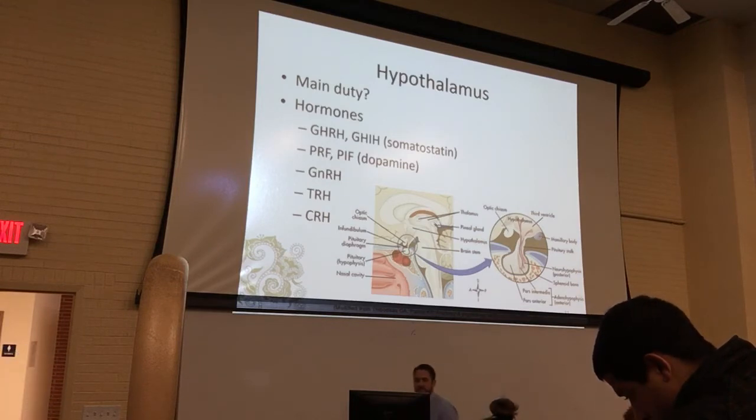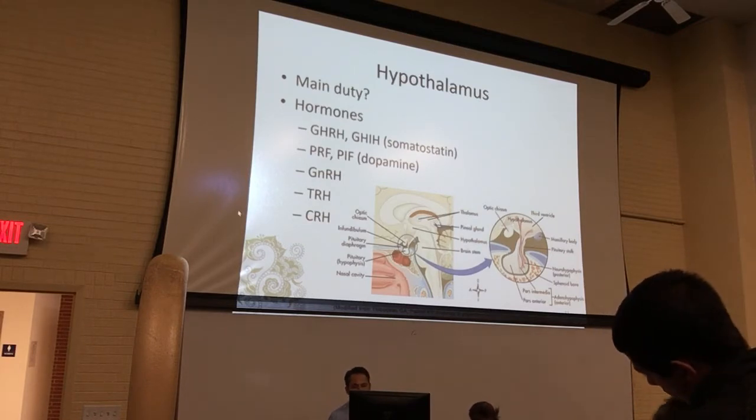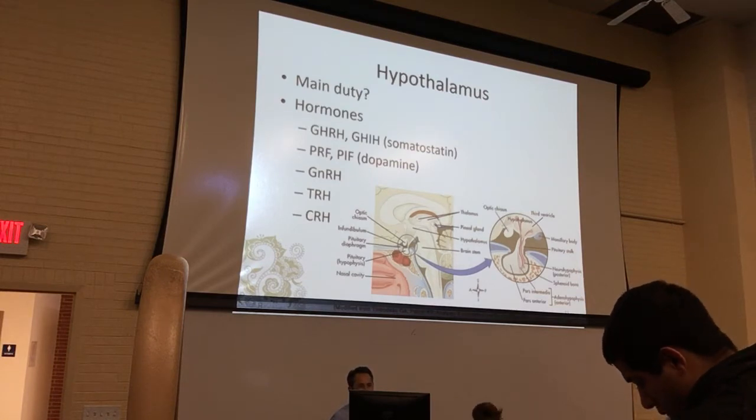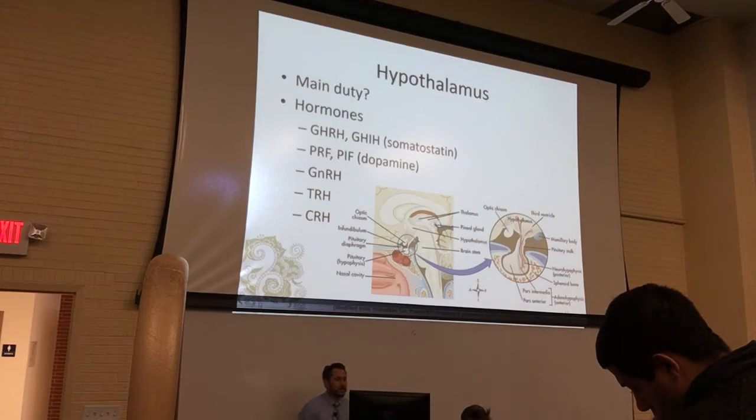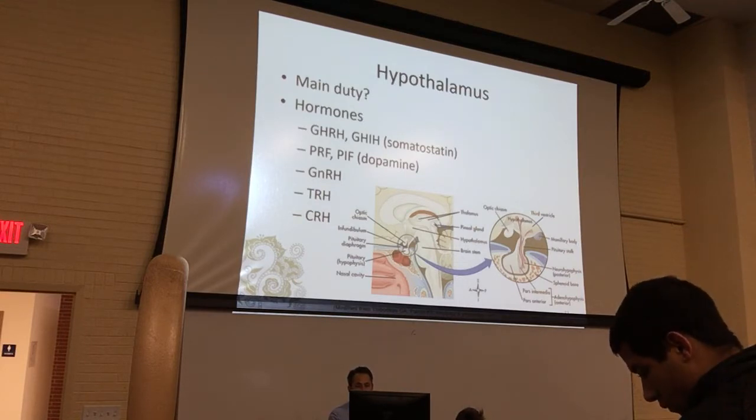Hypothalamus. The main hormones of the hypothalamus are these releasing hormones, like we talked about. So growth hormone releasing hormone, GHRH. The inhibitory version, growth hormone inhibitory hormone, is also known as somatostatin. We've got PRF, that's prolactin releasing hormone.